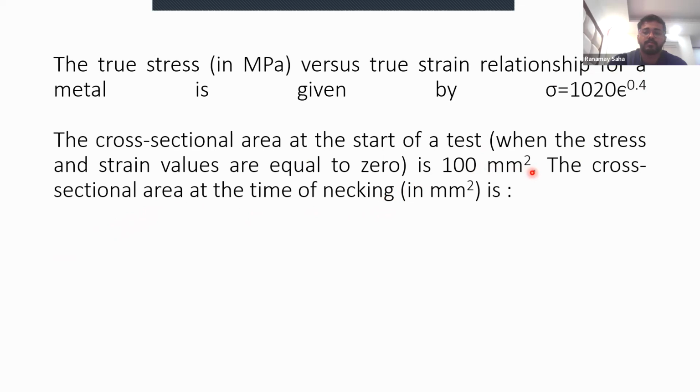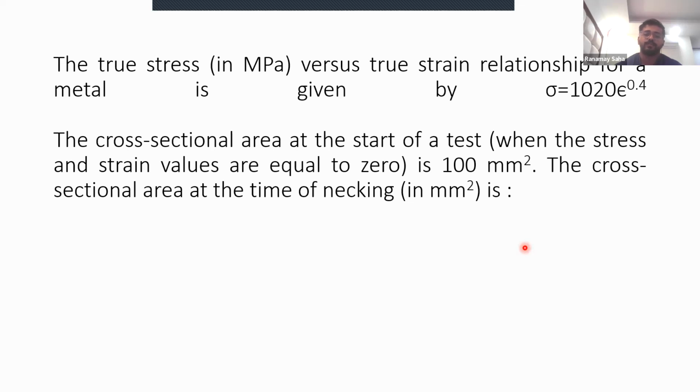Okay, so let's try. Your initial cross-section area is given. You have to find out the cross-sectional area at the time of necking. If you know what is necking, actually when the material starts to fail after the ultimate stress point is reached, that point corresponding to the stress strain loading curve of a material is actually called the necking point.